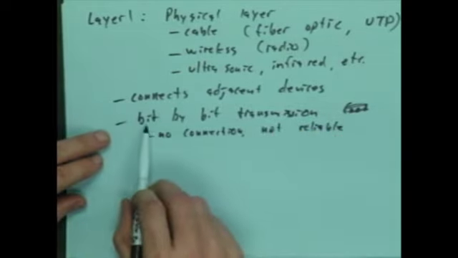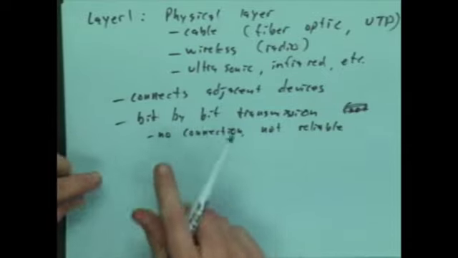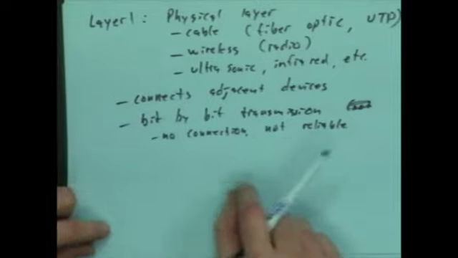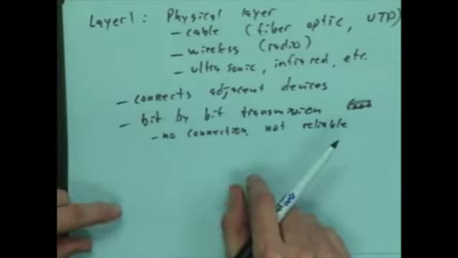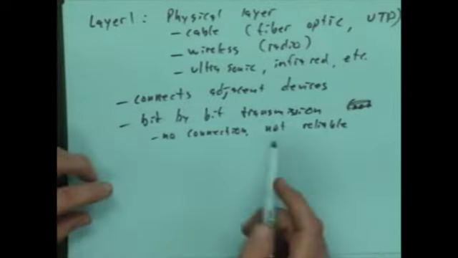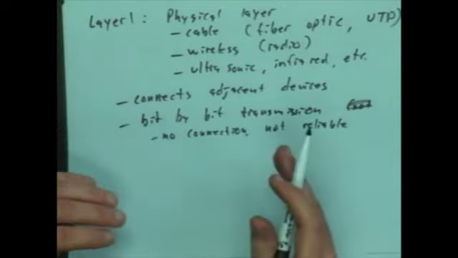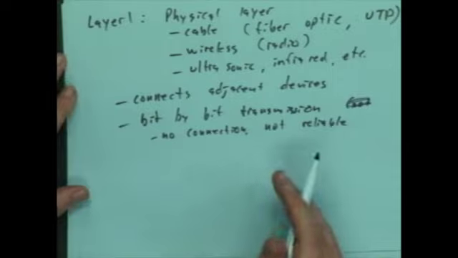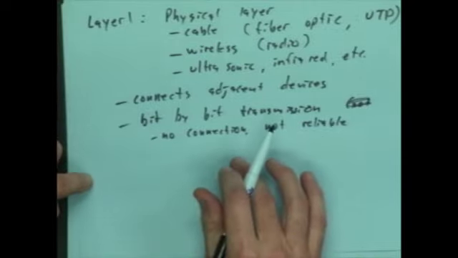Okay? I'm just sending a bit as it goes. I send the bit, and I might wait a little for the next bit, although usually it's supposed to be bit after bit after bit. But there's no connection here. It's not reliable. It's just bit by bit. Not checking for errors at this layer.